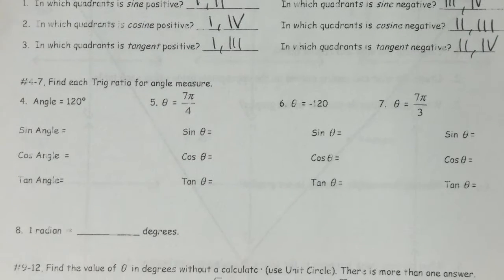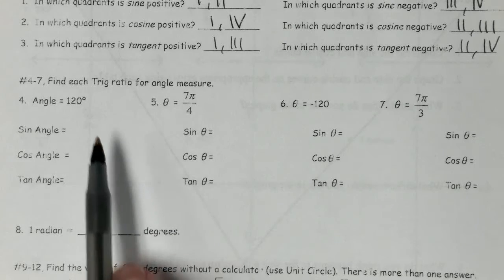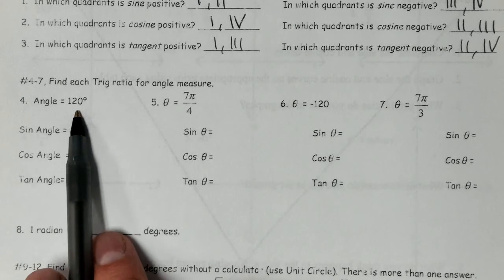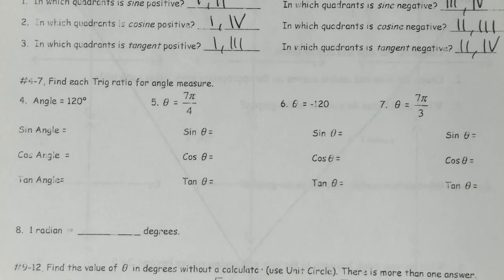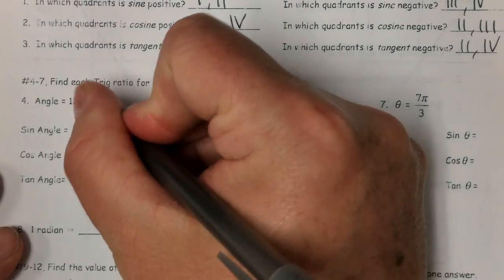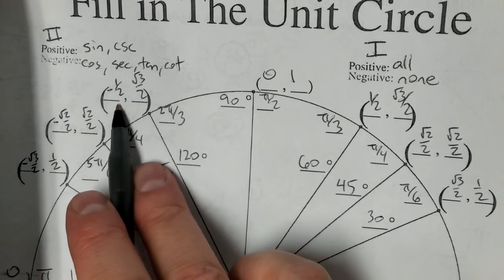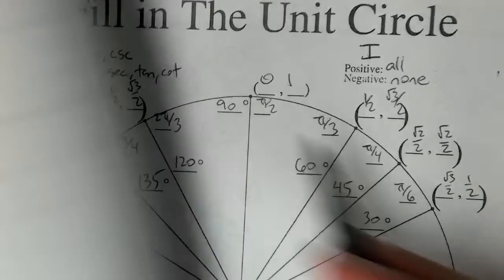Okay, so then it says find each trig ratio for the angle measure. So to do this, you say 120 degrees, and you go to your unit circle, write down the ordered pair. So for 120, it's negative a half, square root of 3 over 2.